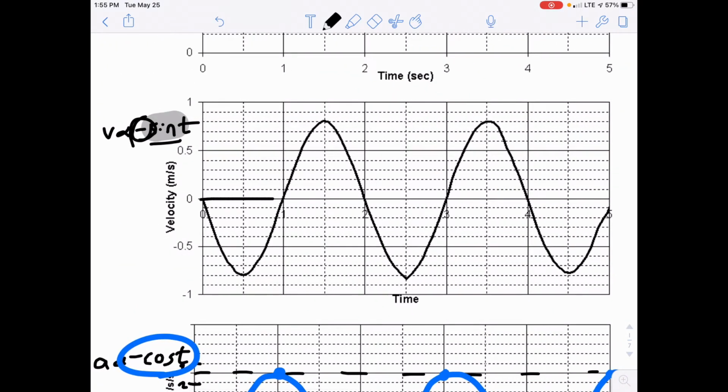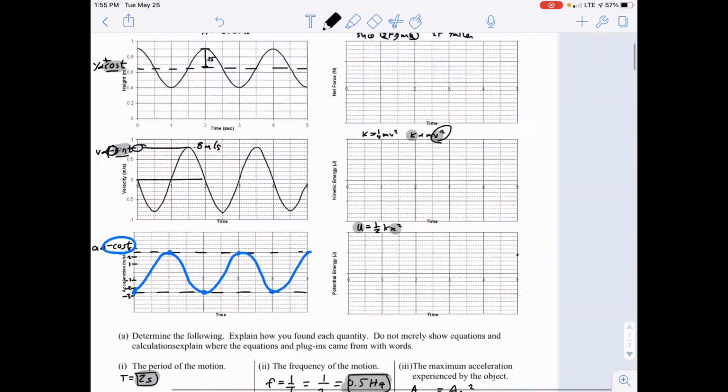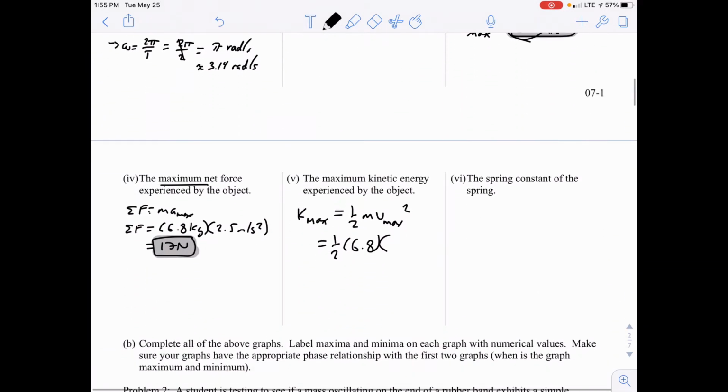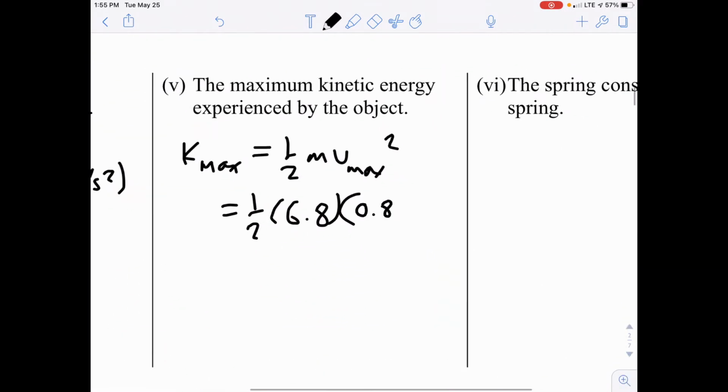This is v equals 0. This is v max right here. That's 0.6, 0.7, 0.8. That's 0.8 meters per second. And that comes out to roughly about 2¼ joules.